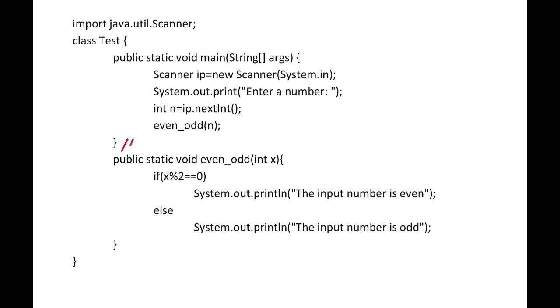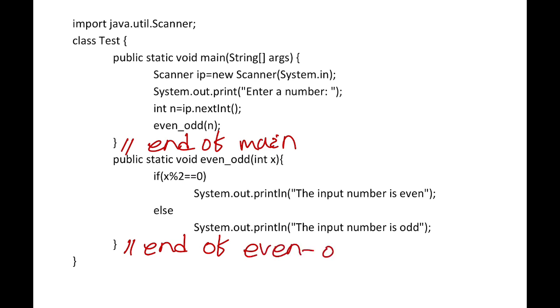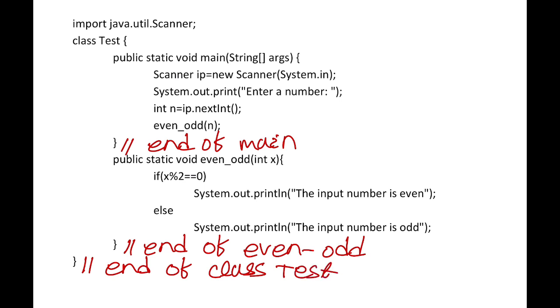So we can write it like this: end of main method, here it is end of method even odd, and here this is end of class test. Here this is even underscore odd, not hyphen, because hyphen is not allowed in an identifier name. So this symbol is underscore, don't consider this as hyphen.